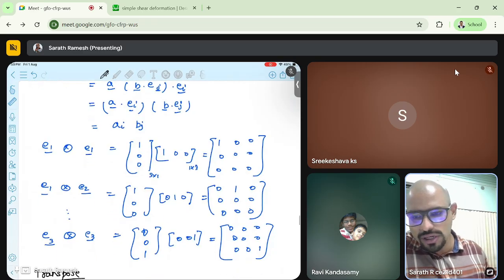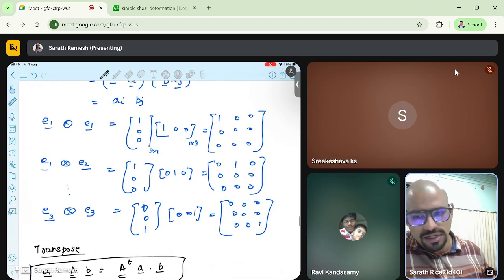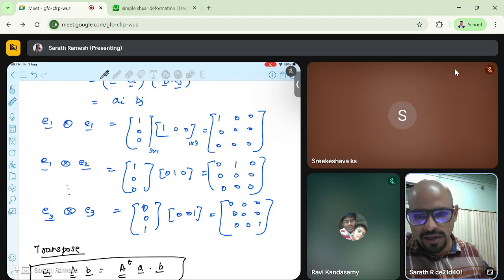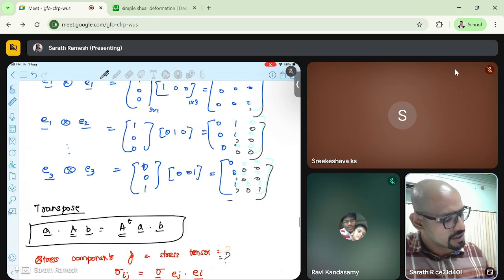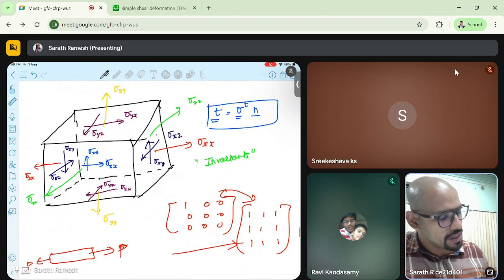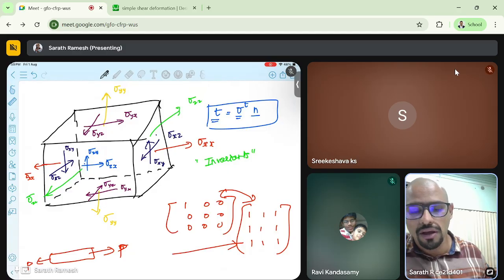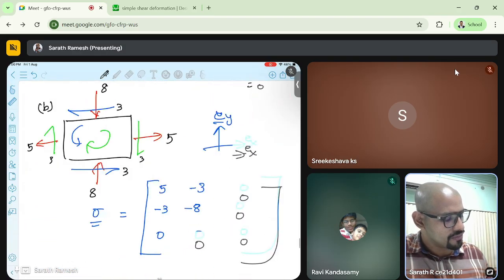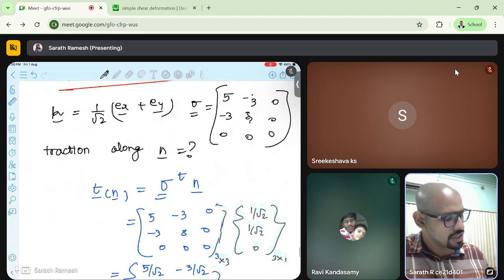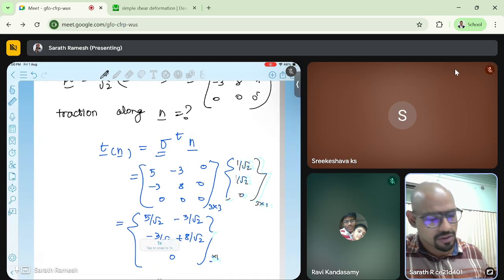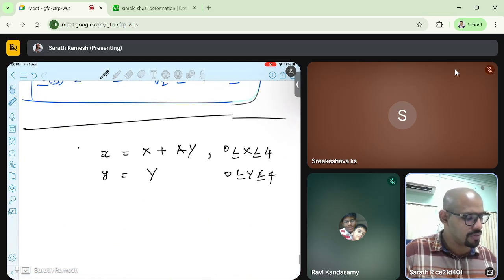And we saw what the tensor product means: the tensor product of one vector with another is the multiplication of one vector times the transpose of the other vector. We saw the meaning of the nine stress components, and then how to find the traction vector using Cauchy's theorem in components.